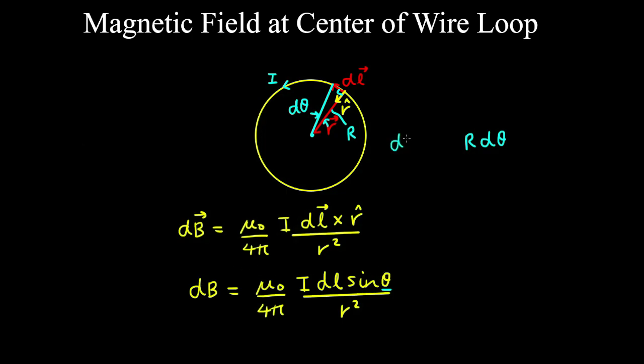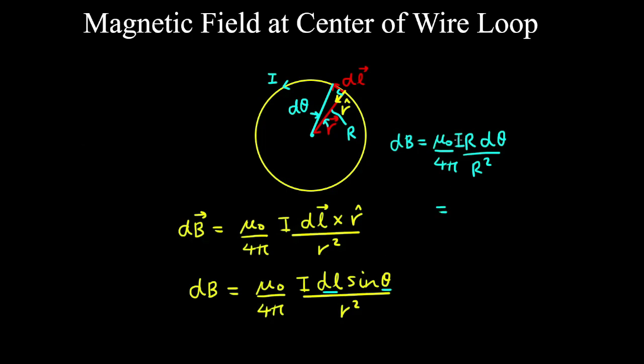So therefore our differential magnetic field is the magnetic permeability on 4 pi by the current by r d theta on r squared.